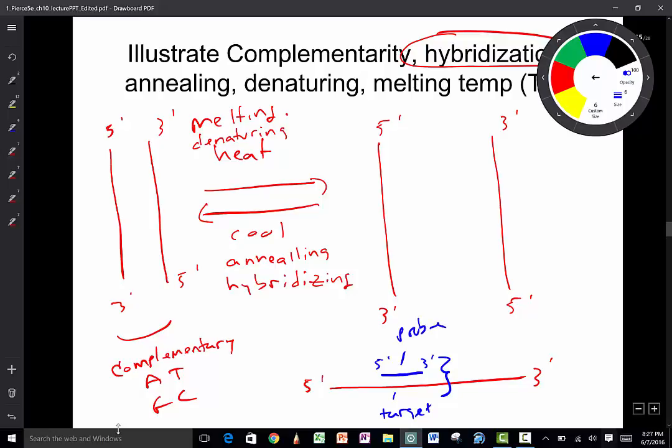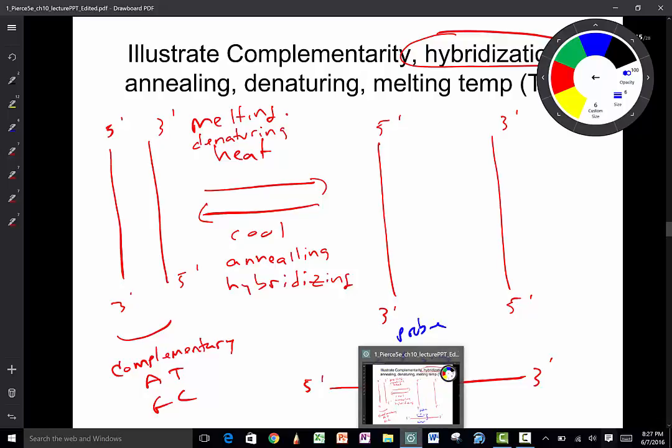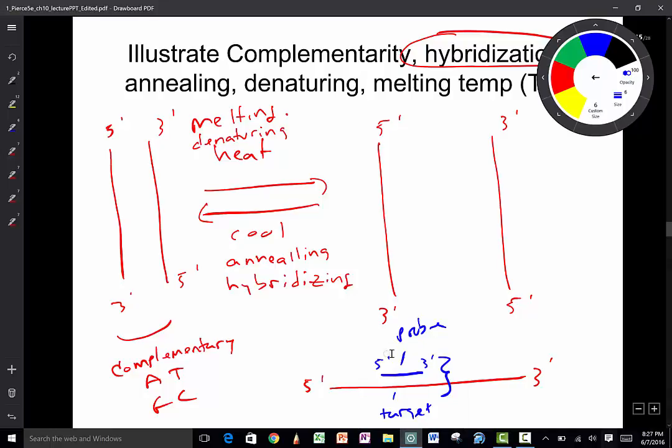And we can have one little piece of DNA molecule find another DNA molecule. And so here, this is called hybridization. So in some techniques that we talk about, it's very common to use one DNA molecule to stick to another DNA molecule, and we call that hybridization.